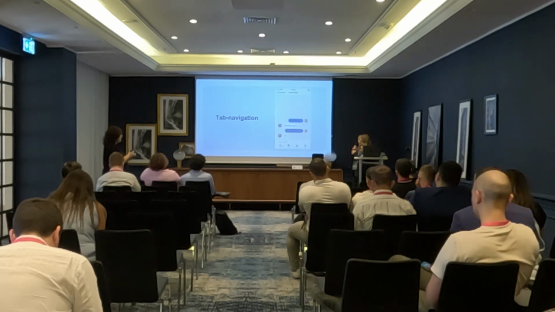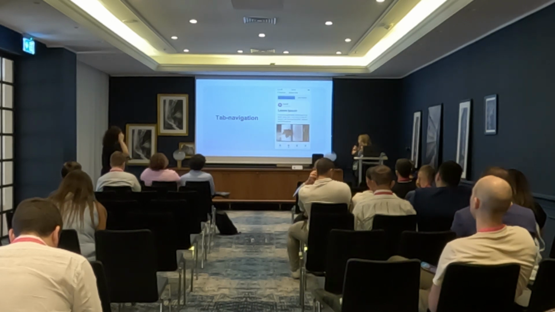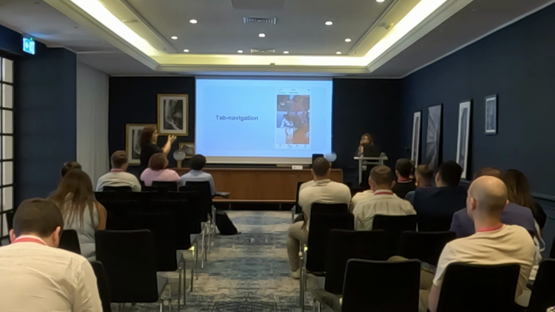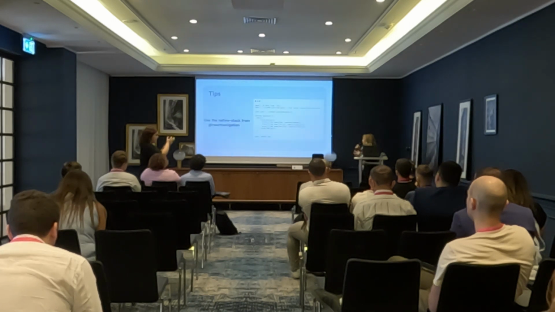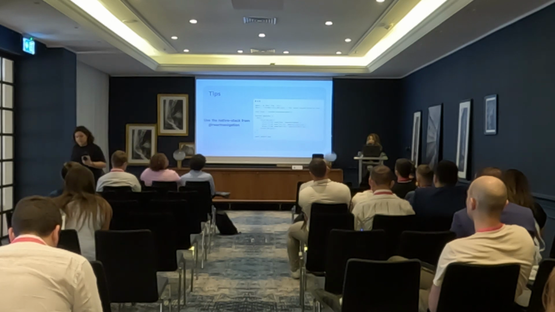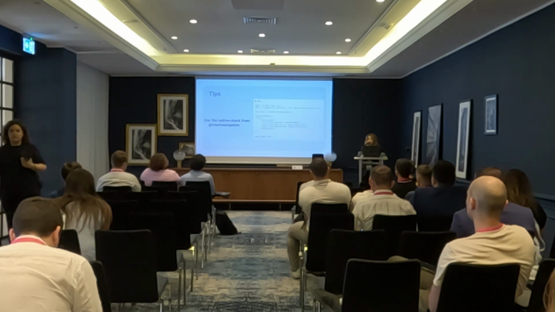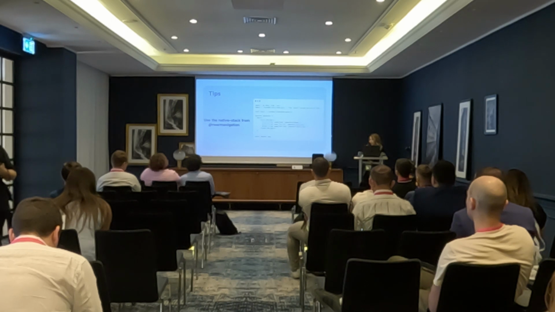It is the most common style used in mobile applications, and you can put it at the bottom of the screen, at the top of the screen, or in some cases it replaces the header. My advice is to always use the native stack from React Navigation, because it uses native screens and is always worth the performance gain over the JS stack.